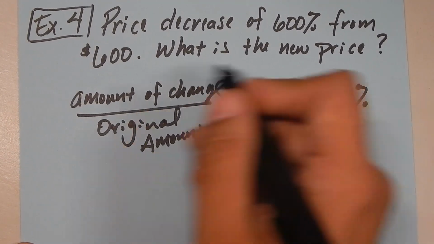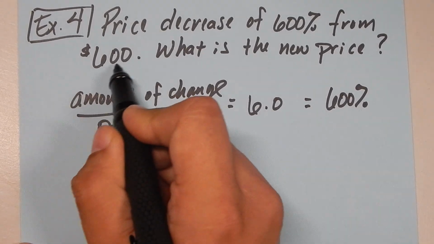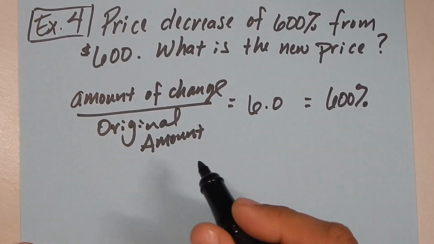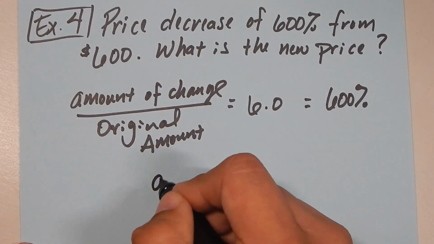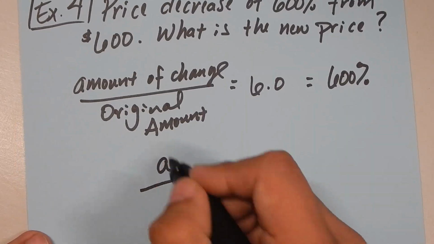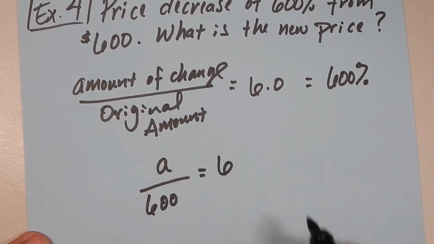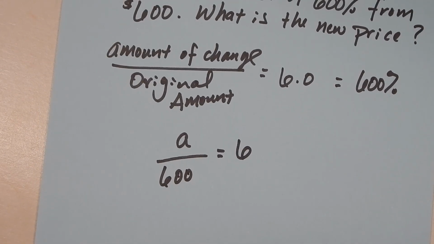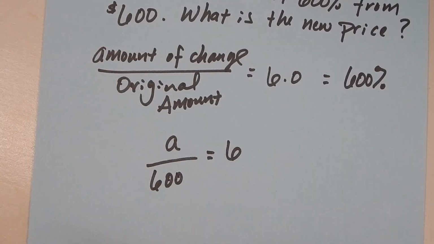So what does that tell us? Well, let's fill in some missing information here. The original amount is $600. That's where we're starting. So this amount of change, we'll call it A, over the original amount was 600, and that's equal to 6. So how do we get this? Well, A, notice that this is just an equation.